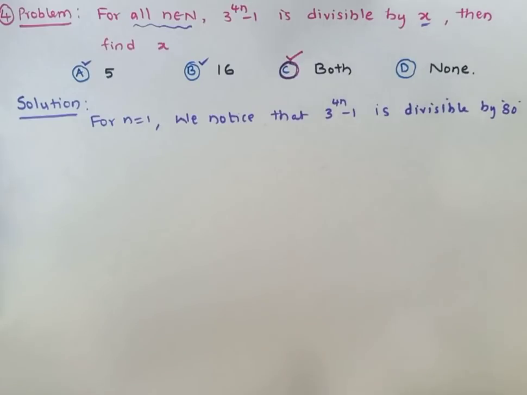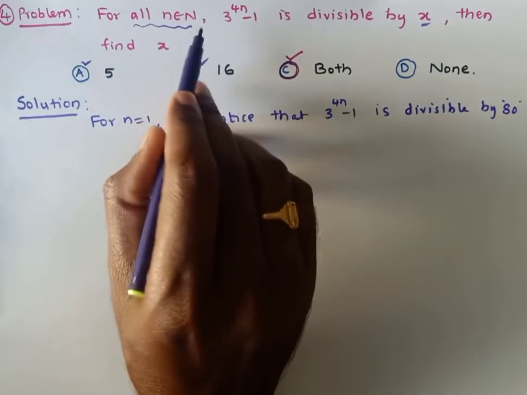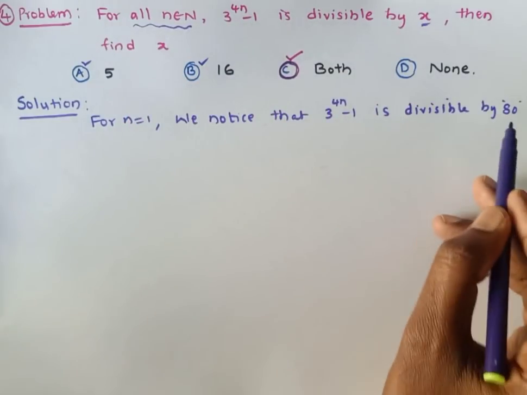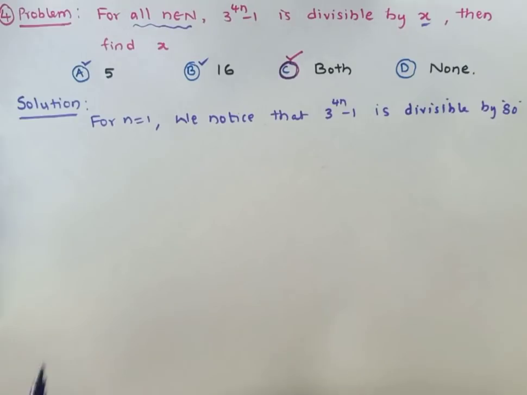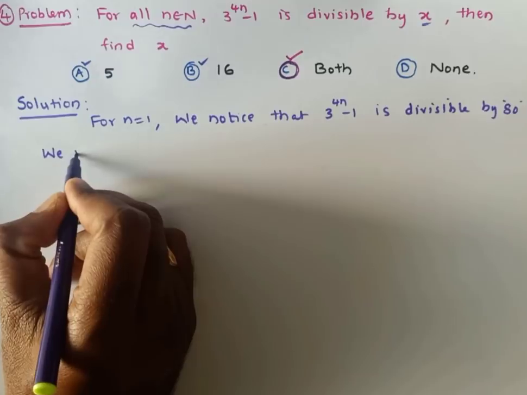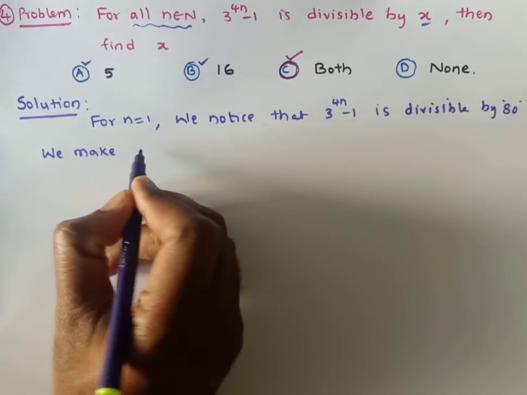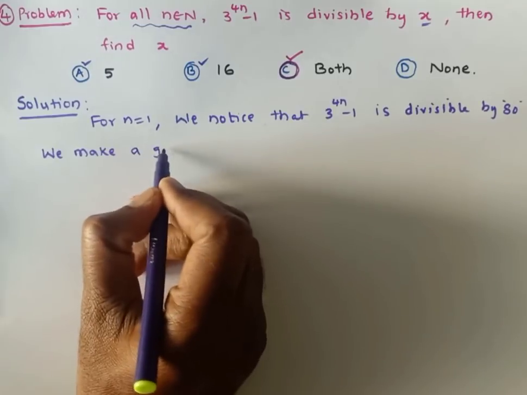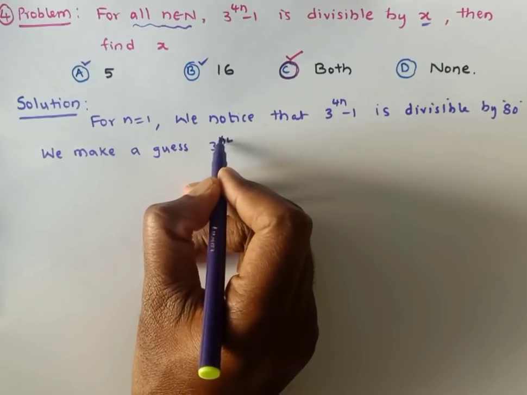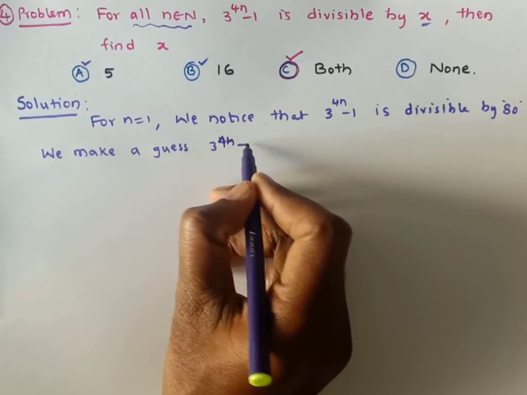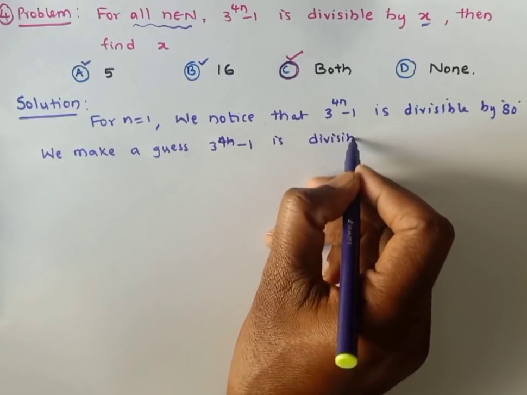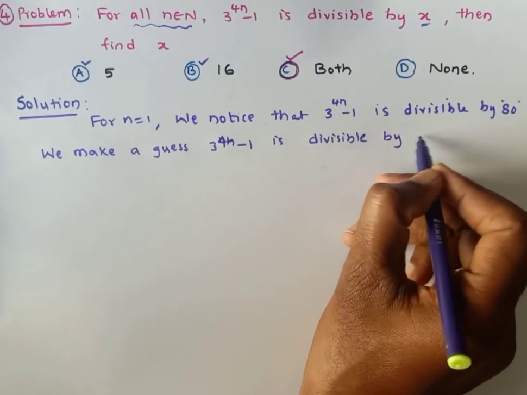So first start with 80. Since the smallest number in the natural number set is 1, put n equals to 1 here, then we get this quantity is divisible by 80. Here we make a guess: 3 to the power of 4n minus 1 is divisible by 80.